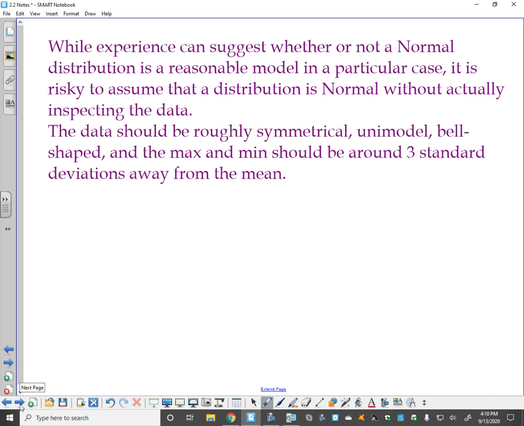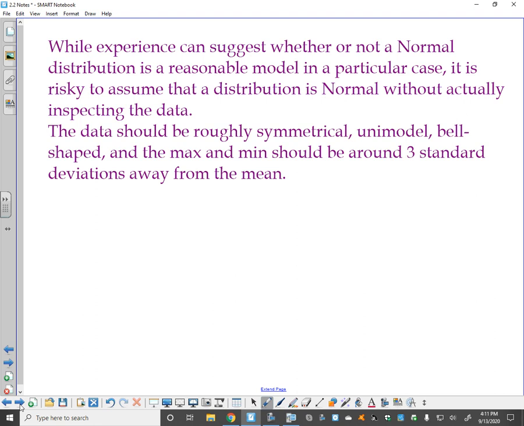While experience can suggest whether or not a normal distribution is a reasonable model in particular cases, it is risky to assume that a distribution is normal without actually inspecting the data. The data should be roughly symmetrical, doesn't have to be perfect, but definitely can't be right or left skewed. It has to be unimodal, it has to be bell-shaped. The max and the min should be about 3 standard deviations away from the mean. Remember, that's 99.7% of your data.